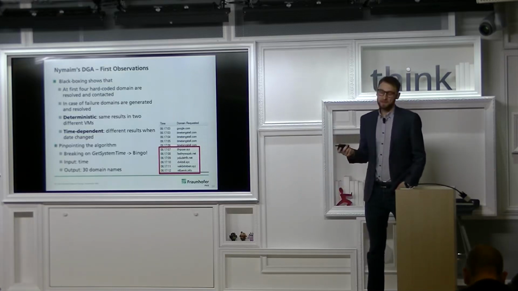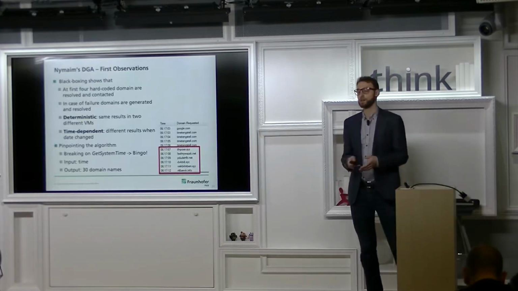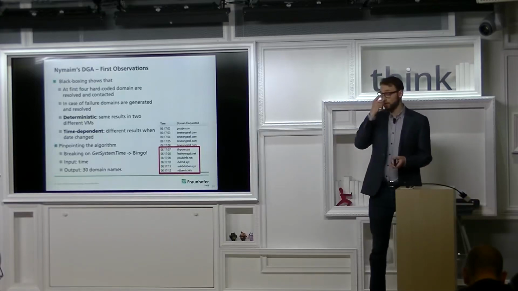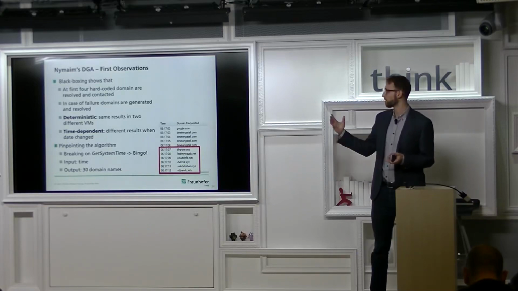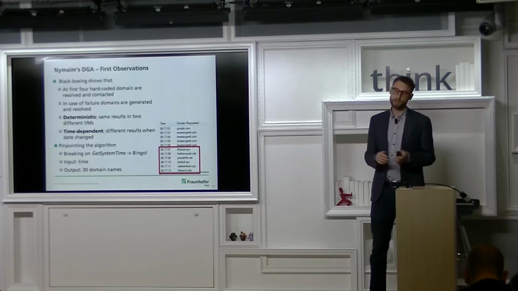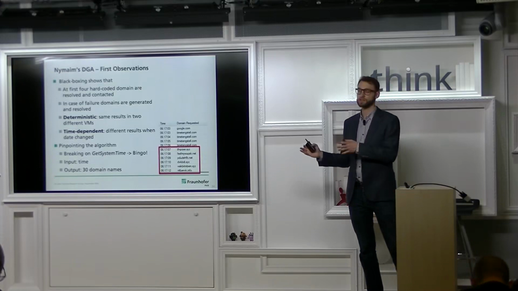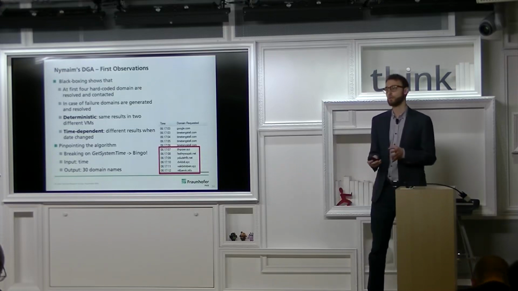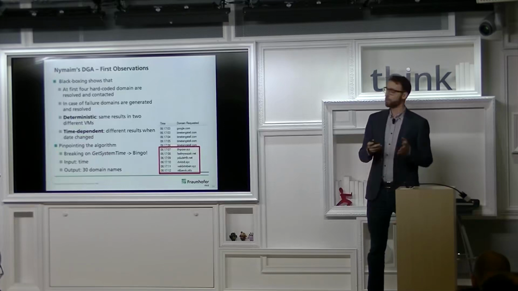So I thought we could break on GetSystemTime, and bingo, it worked. So I knew that this was an important API for the DGA, and we actually had the import for the time, more specifically a certain struct that is returned by GetSystemTime, which was then later used as a seed.